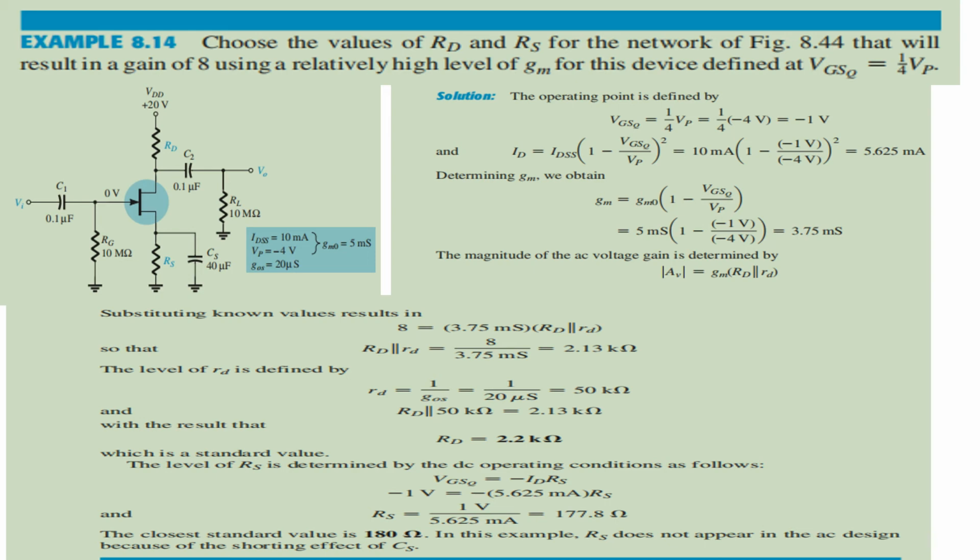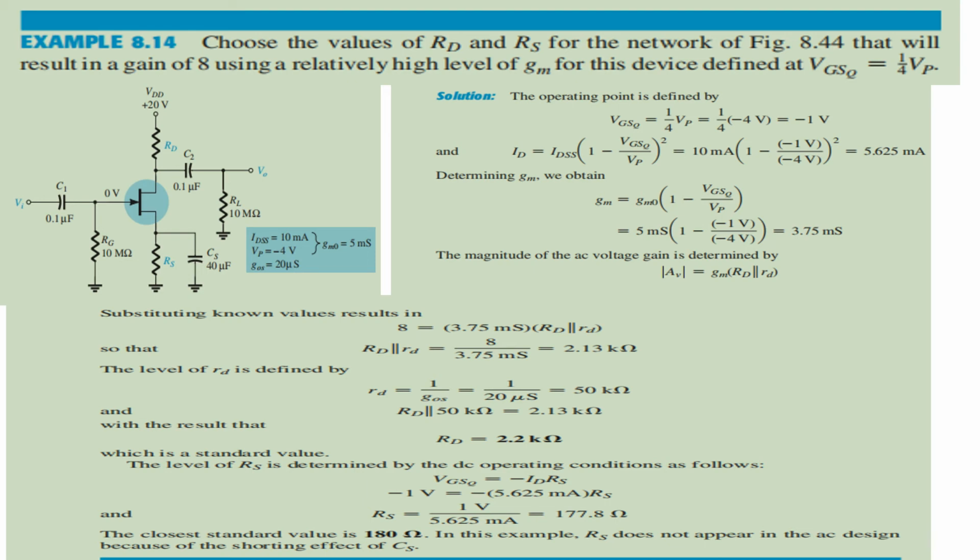So gain is given to you over here as 8. Your objective is to find out the ratio of the dynamic resistance and the resistance between the drain and source. So it is 2.13 kilo ohms.